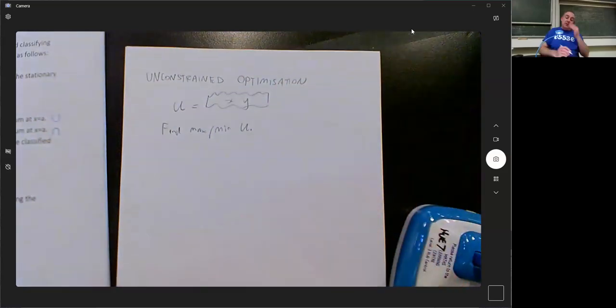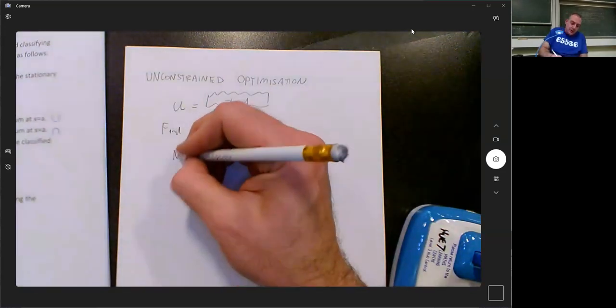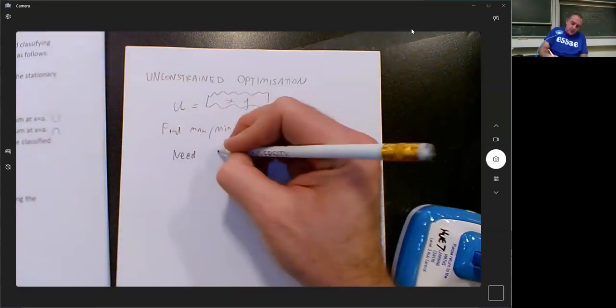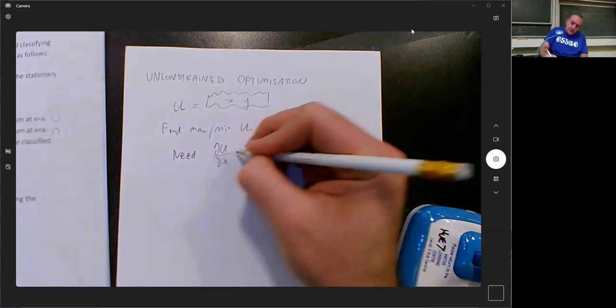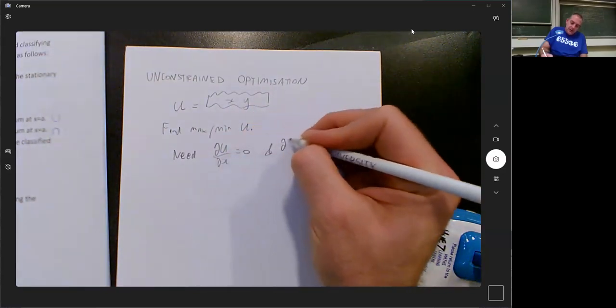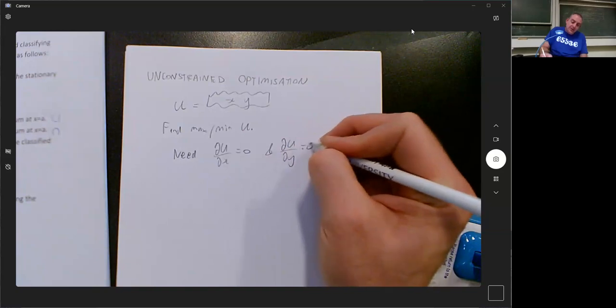The maximums and minimums will happen when all of the partial derivatives are zero at the same time. So you need du on dx to be zero and du on dy to be zero at the same time.